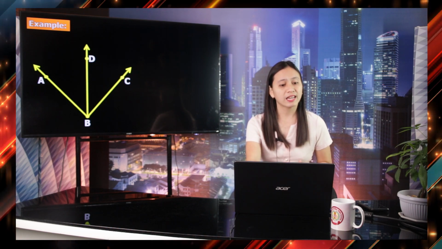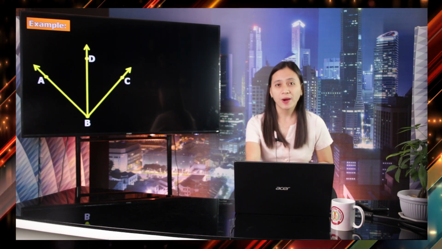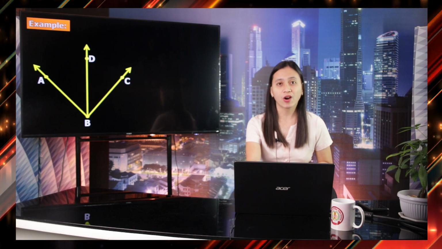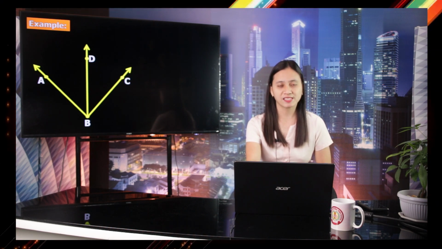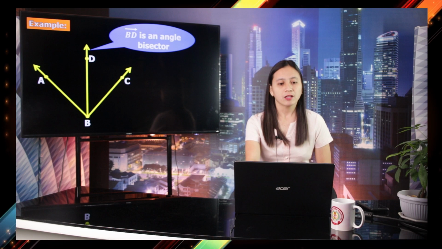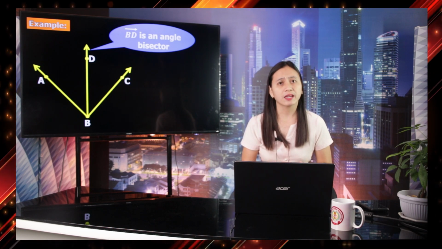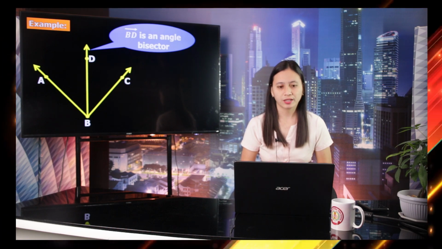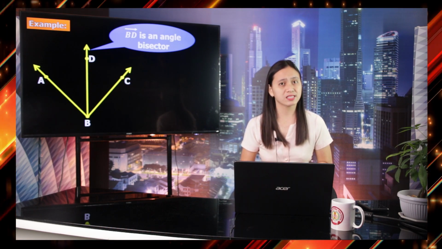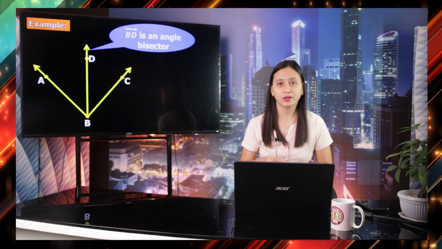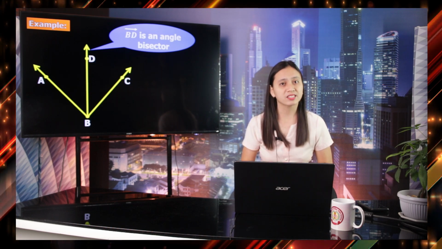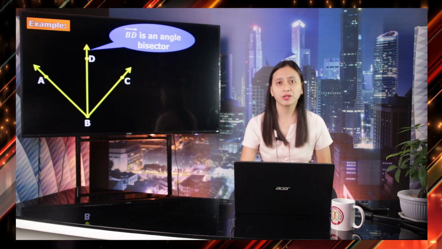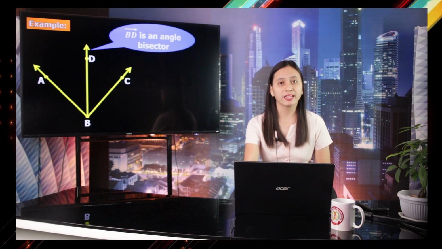Again, we let ray BD bisect or divide our given angle ABC. So our ray BD here is what we call our angle bisector. As you can see, we have an arrow on top of the letters BD, so we can read that as ray BD.